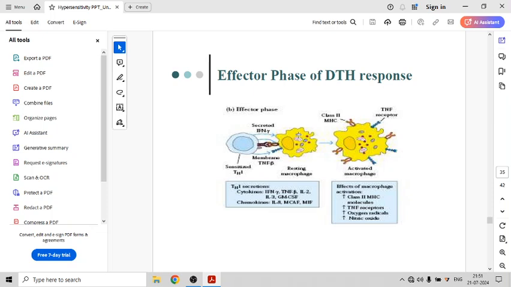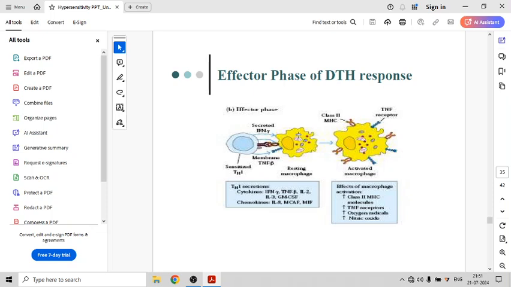The effector response of the Th cell will be more adverse in the sense it will start secreting other cytokines. It is not only secreting interferon gamma and TNF beta, it will start secreting GM-CSF, granulocyte monocyte chemotactic factor or colony stimulating factor.